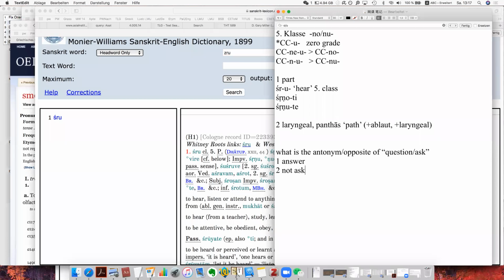The third, none of the above. And fourth, both. So what is your answer to this question?